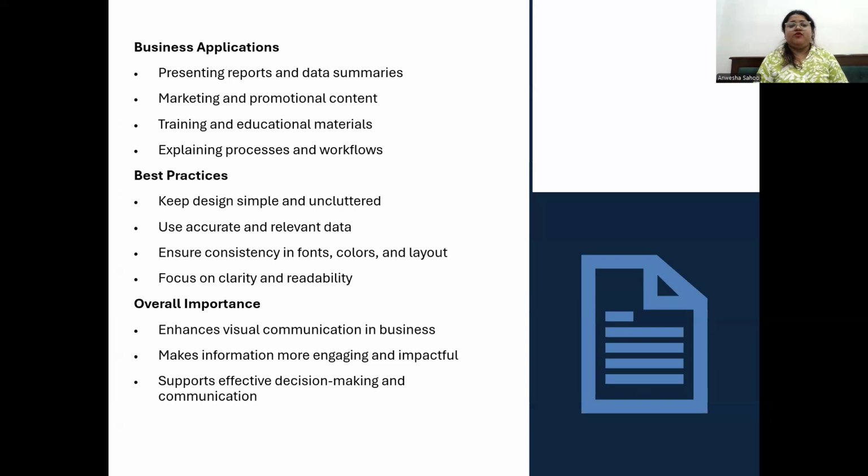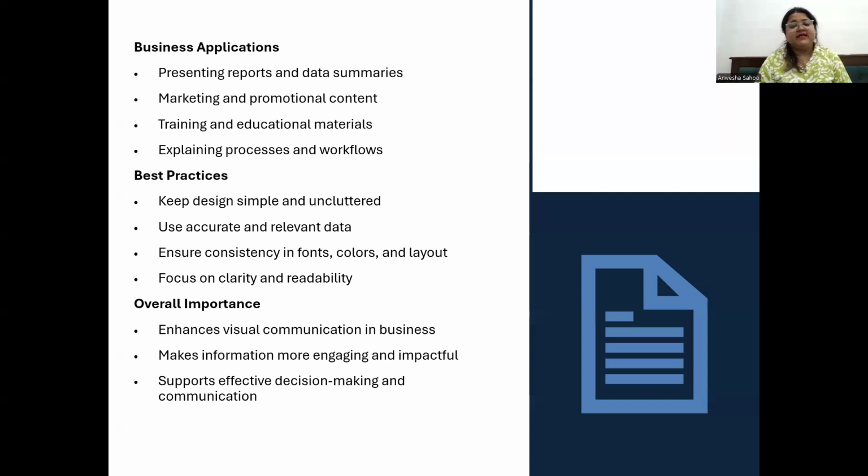So of course, if you want to summarize your report, or your quarterly business report or quarterly sales data, to make a marketing presentation or sales data presentation, you need a good presentation. Best practices are keep design simple and uncluttered, use accurate and relevant data.